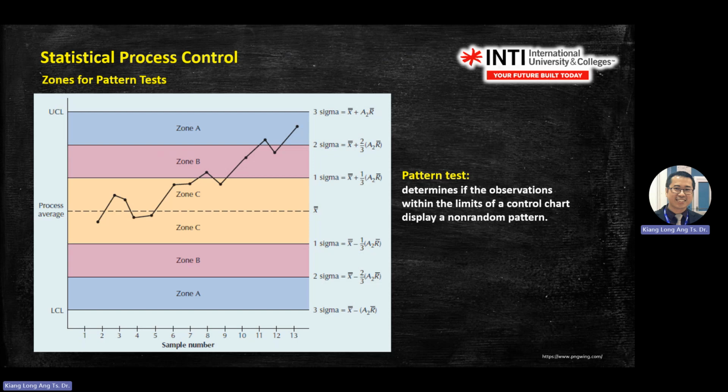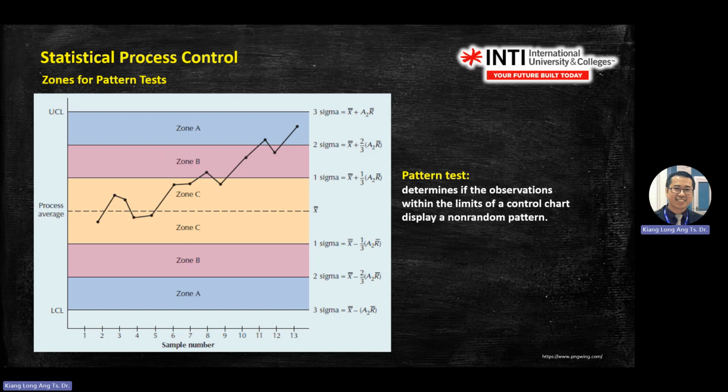Okay, so you will see these zones for the pattern test. This is the process average, X double bar. You need to calculate using this formula. The one sigma formula is plus 1/3 A2 R bar, where you get A2 from the table.